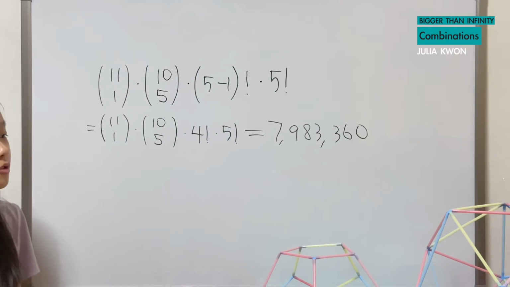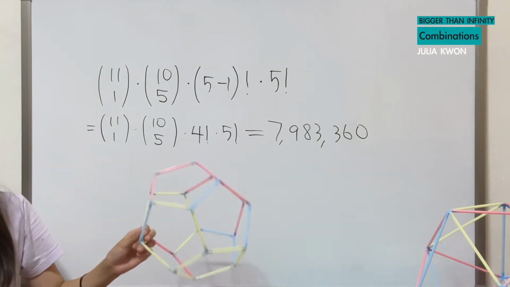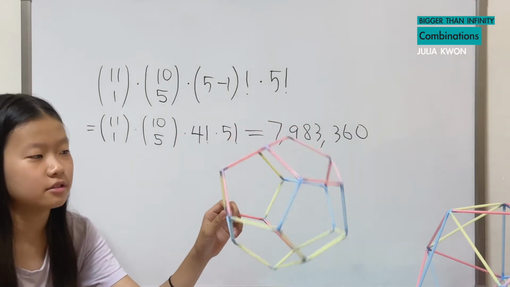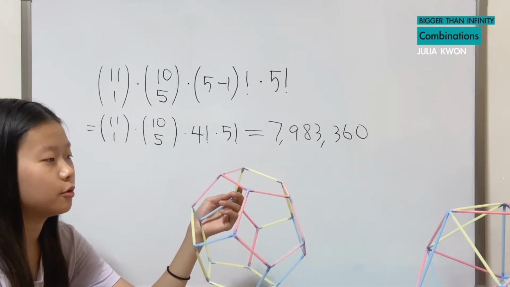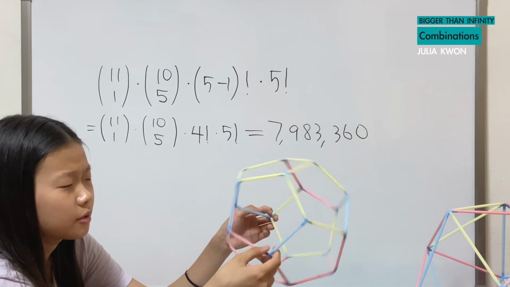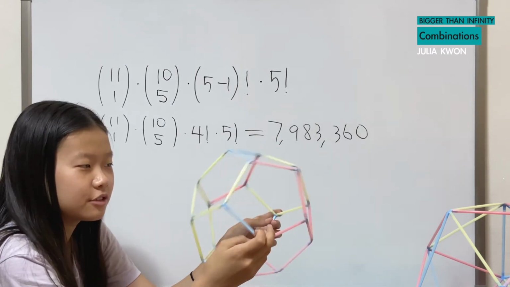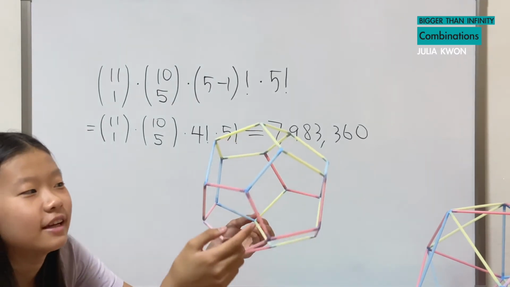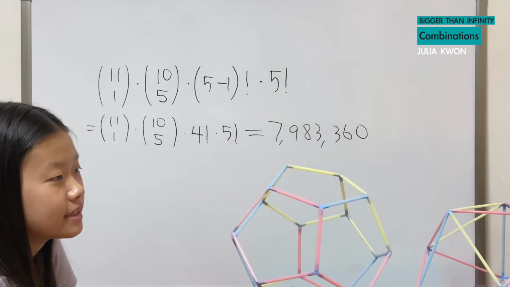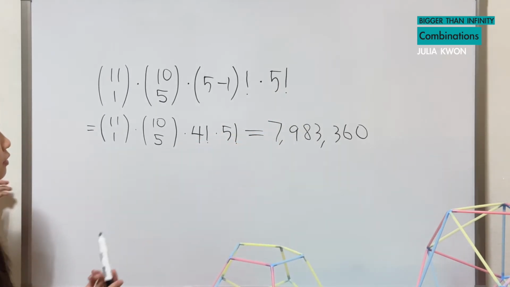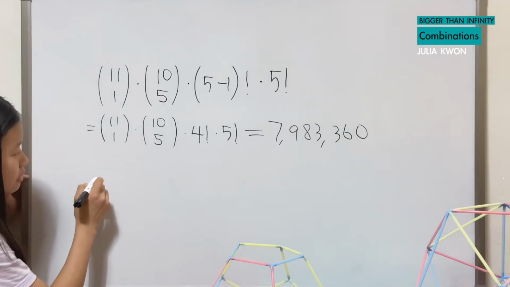And now I'm going to show you how to do this in another way, which is a little bit faster. And so we have 12 faces in total, and we can arrange them differently, so that would be 12 factorial because we can do that randomly.